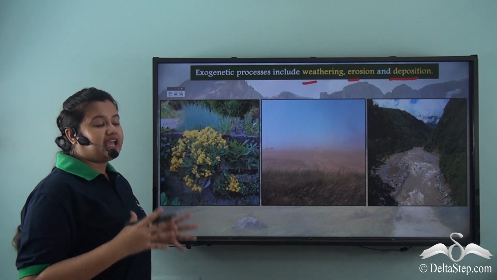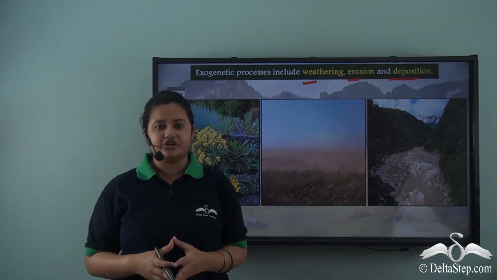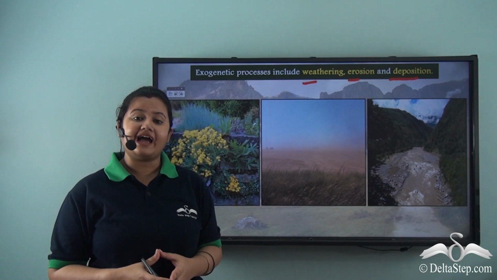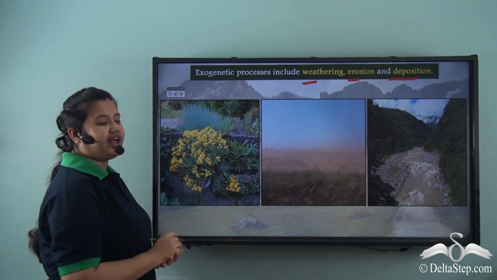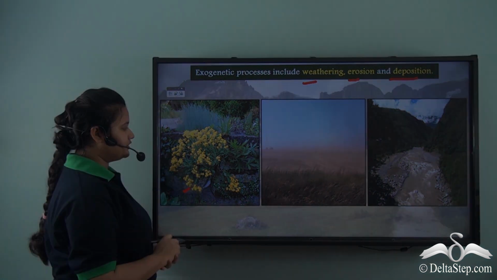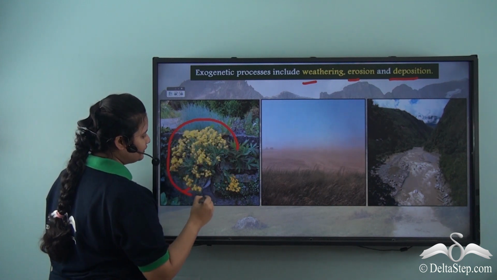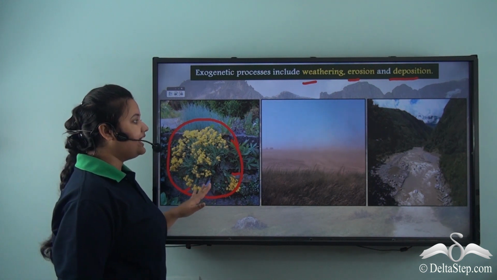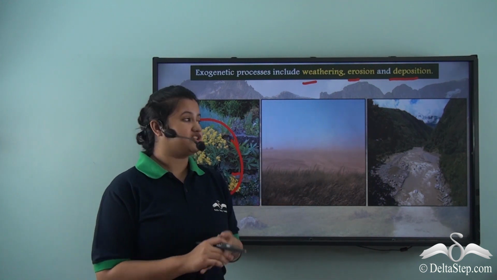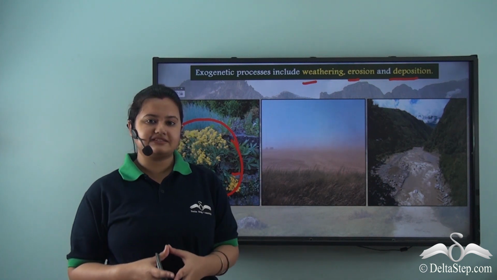Now, the agents of weathering are wind, running water, frost or glaciers, as well as biological agents like the vegetation cover, as we can see in this picture. See, in this picture we can see how due to growth of a plant the rock is breaking in its own place. Now coming to the second picture, here we can see how wind is eroding a land surface.